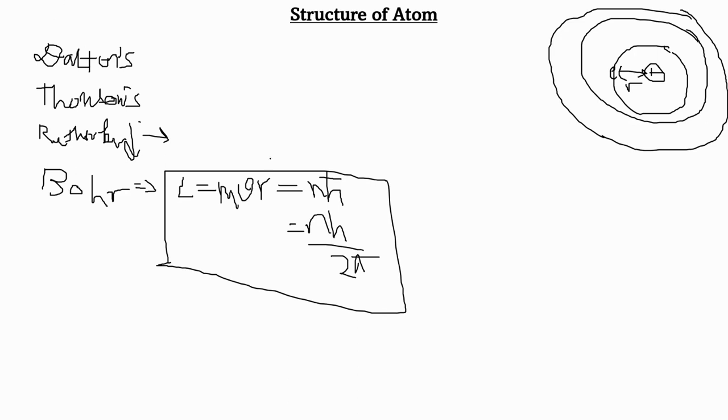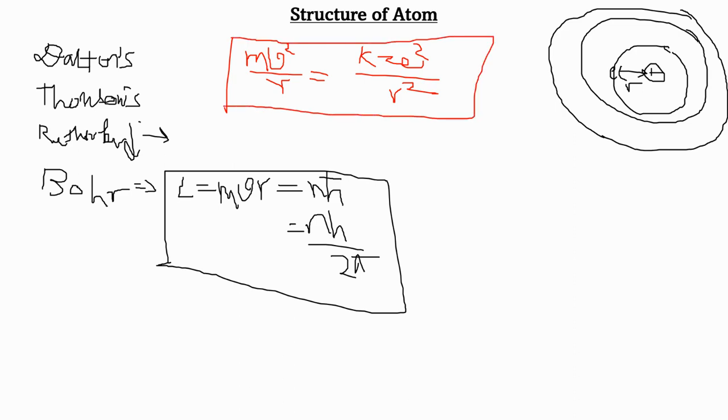The centrifugal force is given by mv square by r, which is equal to the coulombic force of interaction, k z square by r square, where Z is the atomic number, K is a constant, and r is the radius of the stationary state.